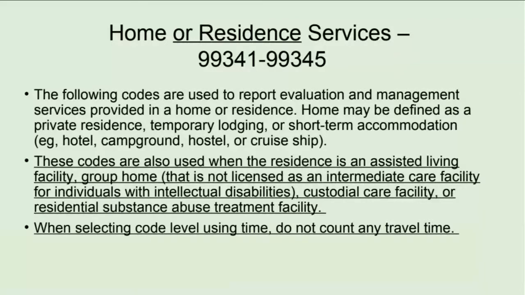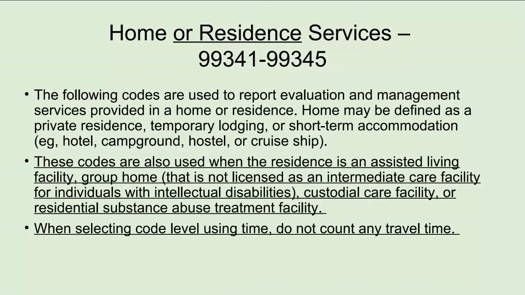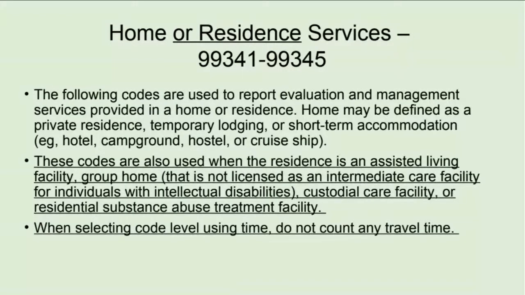Added to this, these codes are also used when the residence is an assisted living facility, or a group home that is not licensed as an intermediate care facility for individuals with intellectual disabilities, custodial care facilities, or residential substance abuse treatment facilities. Okay. When selecting a code level using time, do not count any travel time. So the physician's time to the home or residence is not part of the time that can be reported.